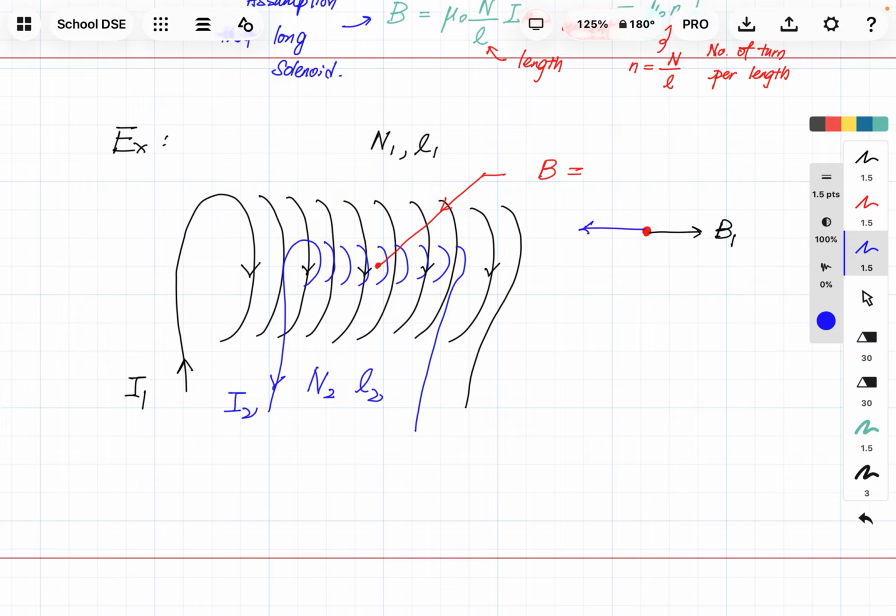And then I call this N. The number of turns here is N.